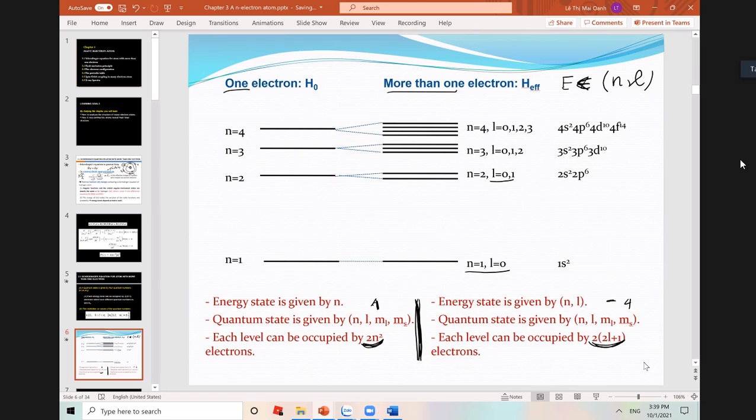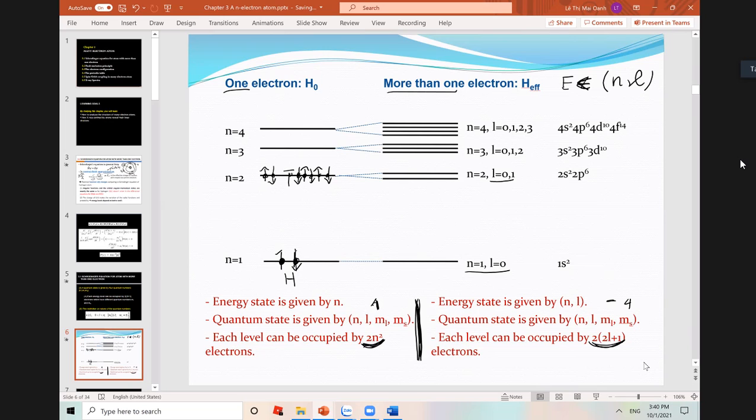Yes, it's 2n square because, for example, here, hydrogen, you can have two electrons occupy here. The first is with a spin up and the second with a spin down. And then in this, you will have two subshells. For example, the 2s, you will have two electrons with opposite spin. And you will have 6 in the 2p, with spin up, spin down, spin up, spin down.